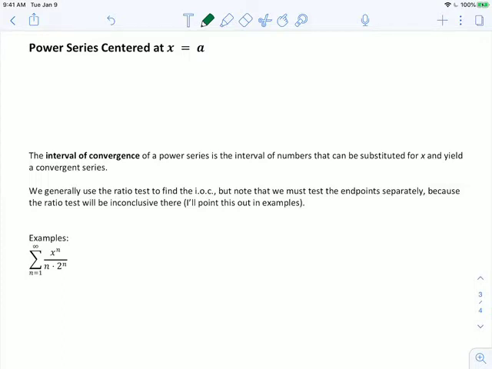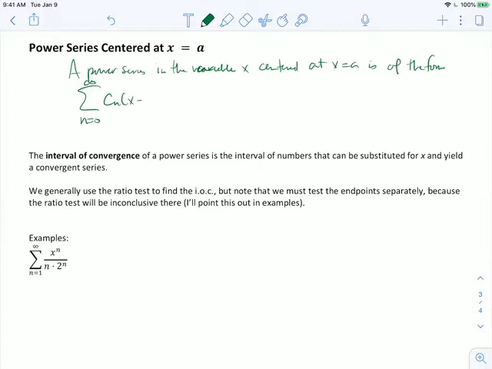A power series in the variable x centered at x equals a is of the form the summation n equals 0 to infinity of c sub n times x minus a to the n.